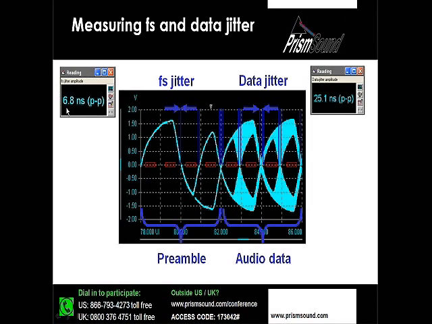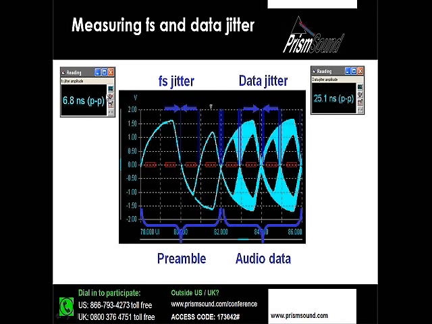Now keep in mind that the data jitter includes the FS jitter, so that means we've got about twice as much jitter in the data analysis than we do in the clock. So obviously the degradation that we're seeing here is primarily induced by the cable and not the clock. This is invaluable when you're trying to track something down.